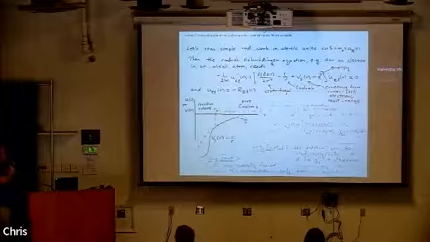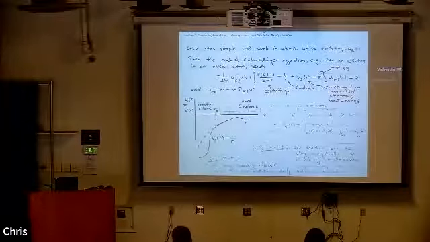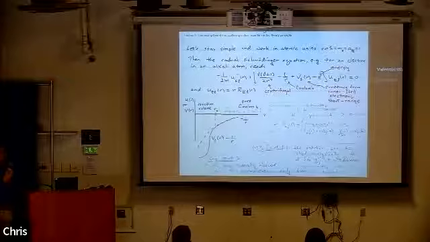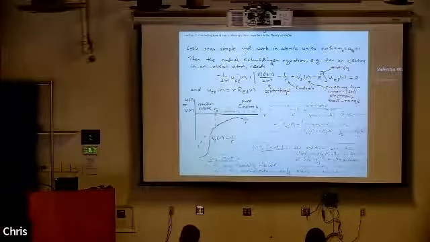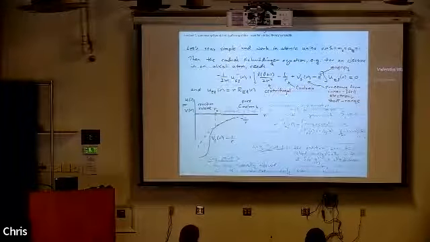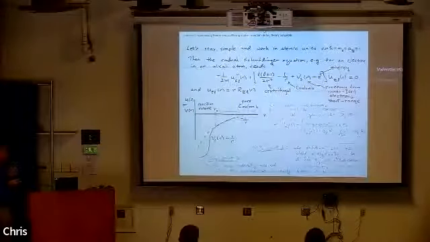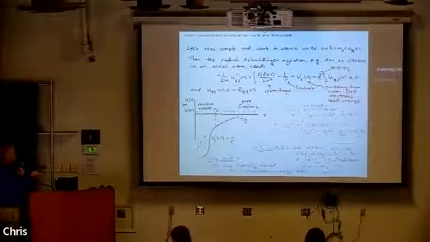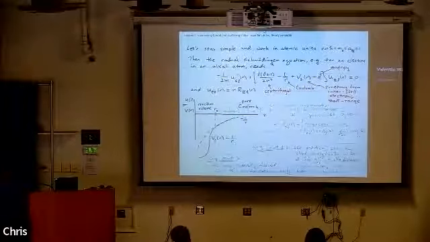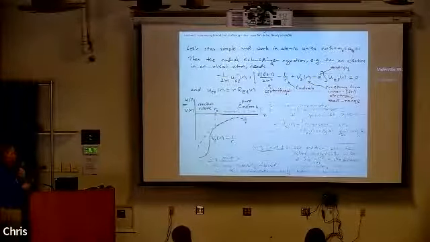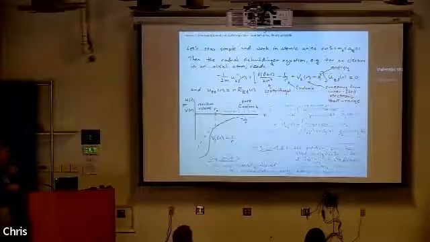So the simplest scenario, single channel quantum defect theory, is you just have a radial Schrodinger equation. And I like to do the rescaling by little r times the actual radial function capital R, because then you get a simpler form of the kinetic energy operator without first derivative terms.